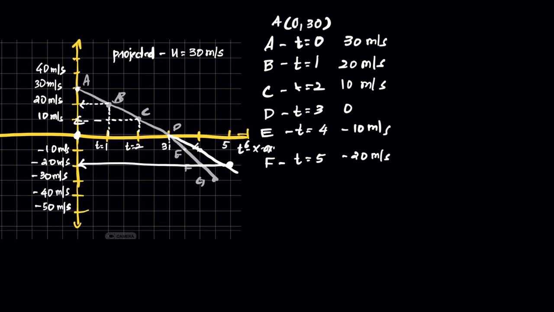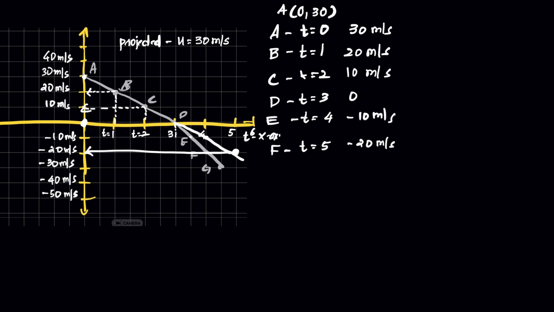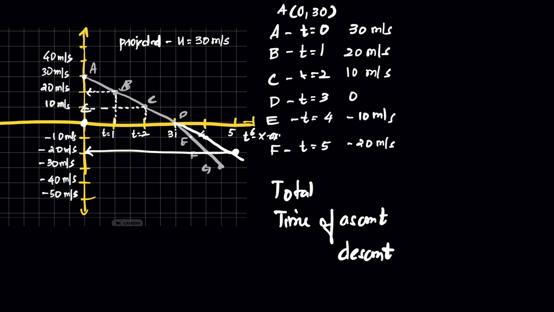Now let us try to make sense out of it. We'll consider time of ascent and time of descent. The ascent is the time taken from the ground position to reach the maximum position, so A to D is the ascent.